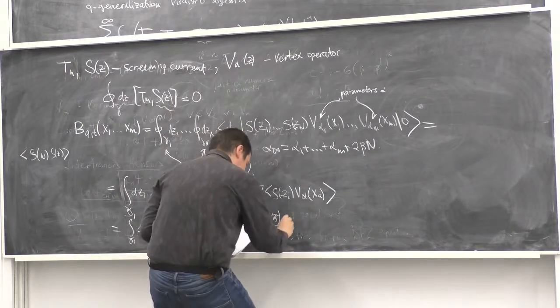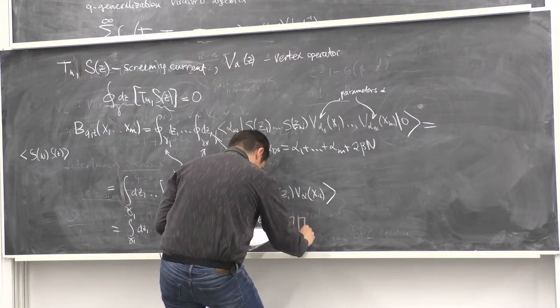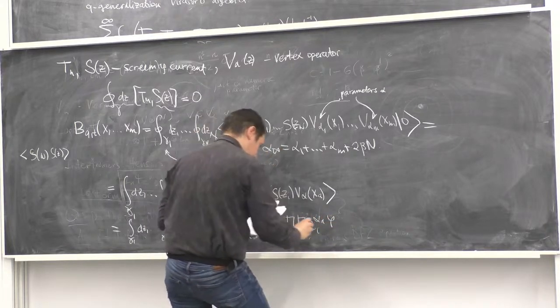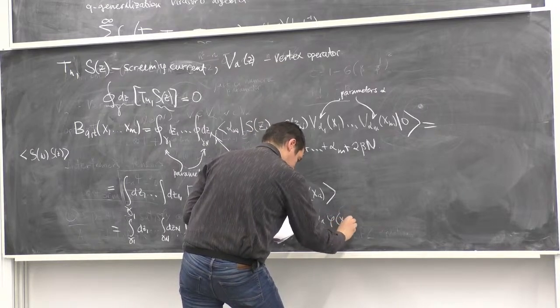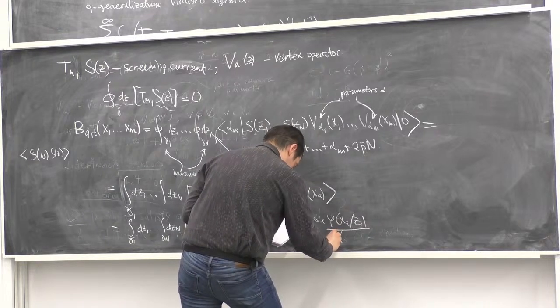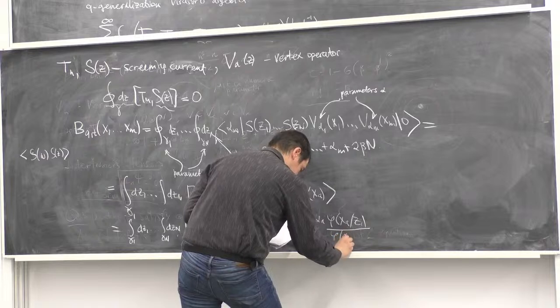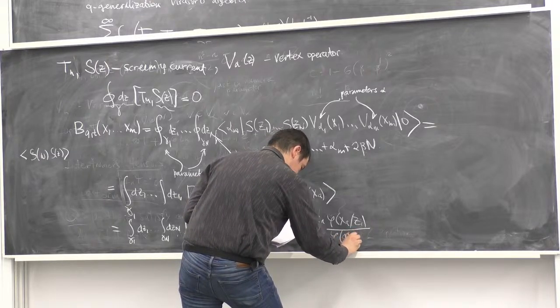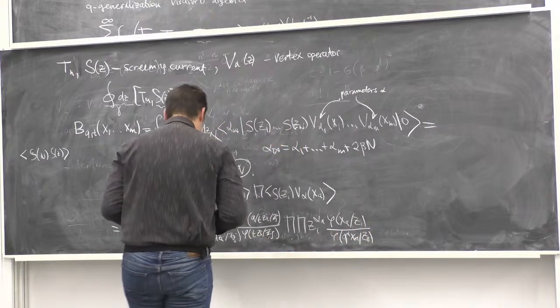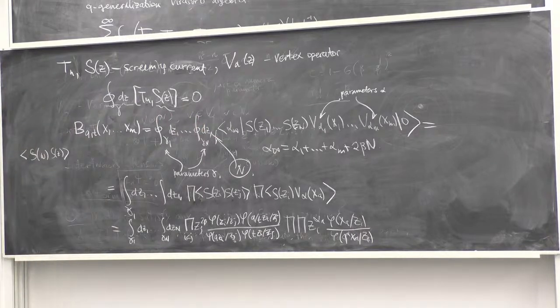And then there is a product over the two-point functions with the vertex operators. Probably this is not important, but there should also be a factor which doesn't depend on z, just a total factor. Yes, which I ignore. Okay.